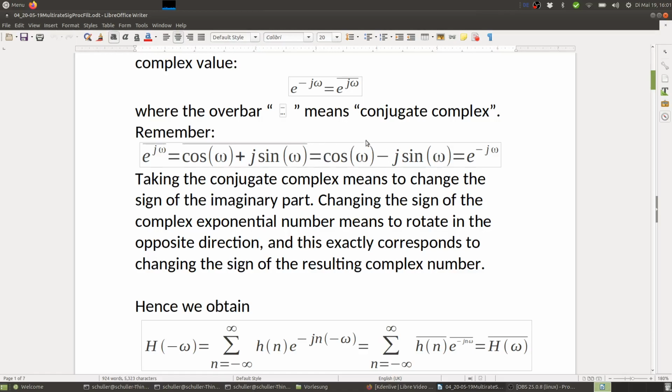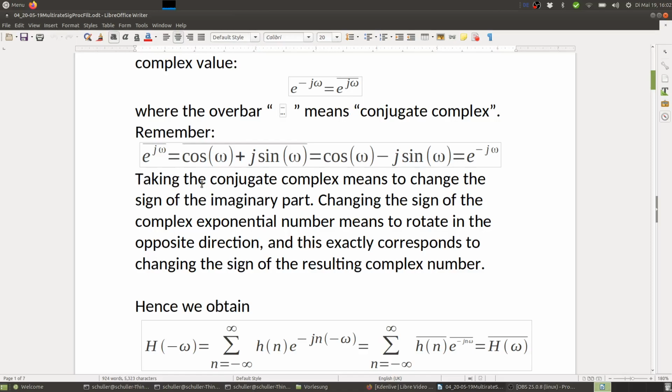The cosine is not changed going from plus to minus in the argument because it is an even function, but the sine of minus omega has a minus sign. So that's why the result is e to the minus j omega. That basically shows this equality.